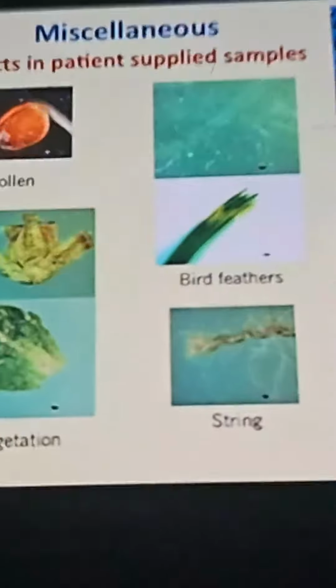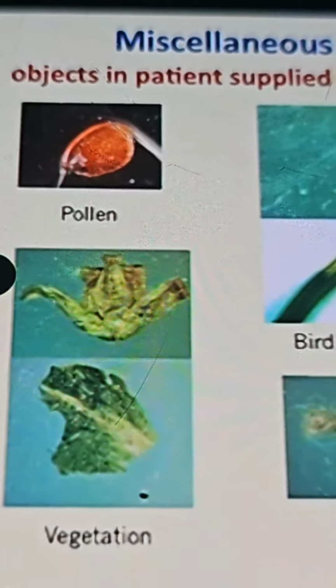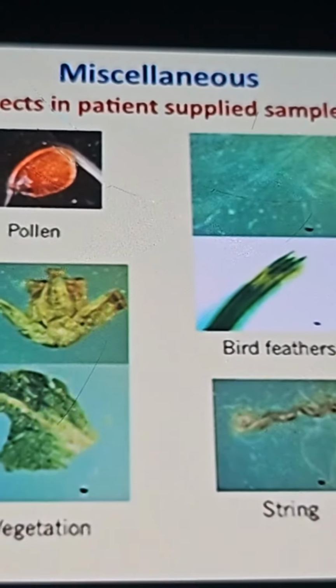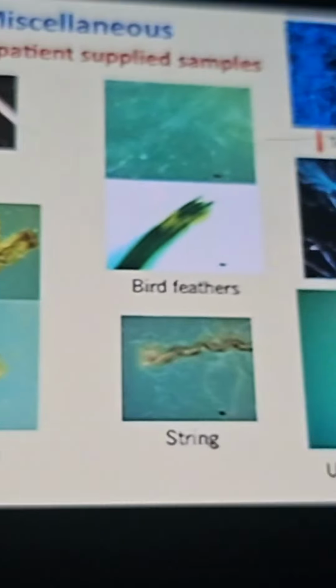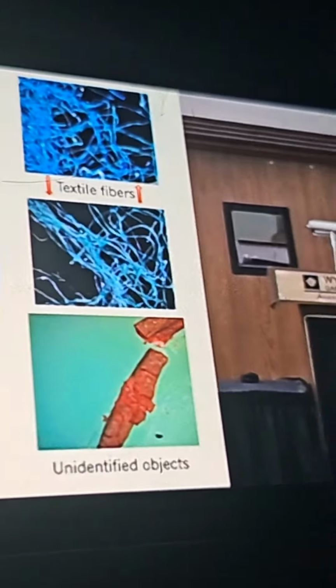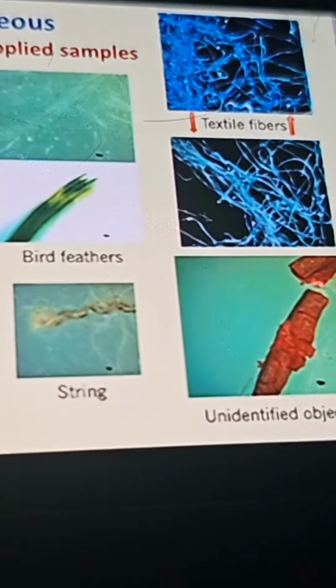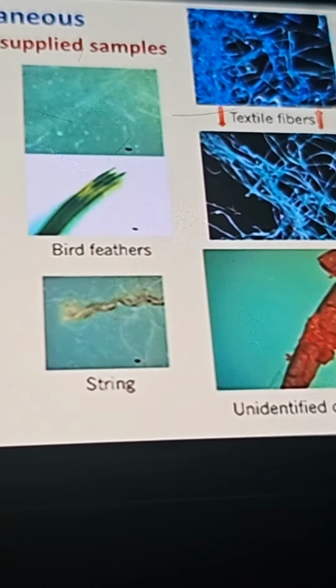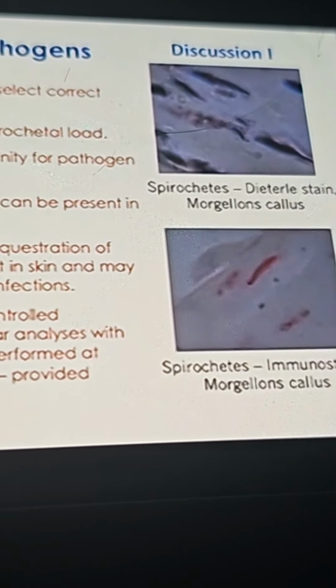All right. So, to detect pathogens, doctors and scientists should have a clear diagnostic criterion, and that's the presence of the dermal filaments. They need to select the correct cohort or specimens. We know that Morgellons lesions have a high spirochetal load, and they're detectable if the correct methodology is used.